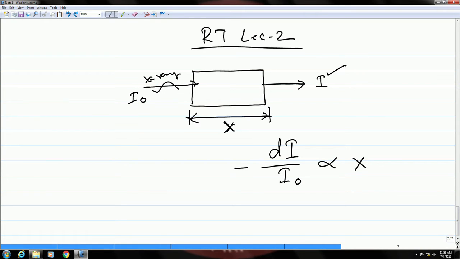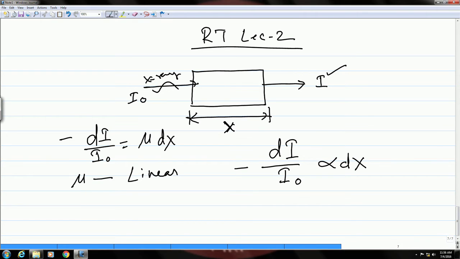Now, if you introduce a proportionality constant here, which we will call mu, and let us say the X-rays travel through a distance dx, the fractional decrease will be proportional to dx, with the proportionality constant mu. And mu is known as the linear absorption coefficient, which is a material property.